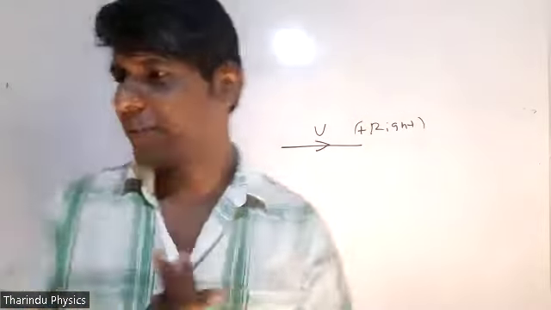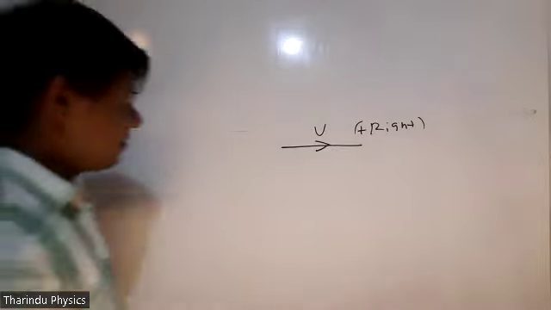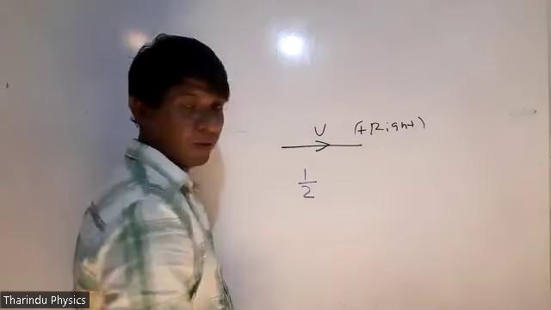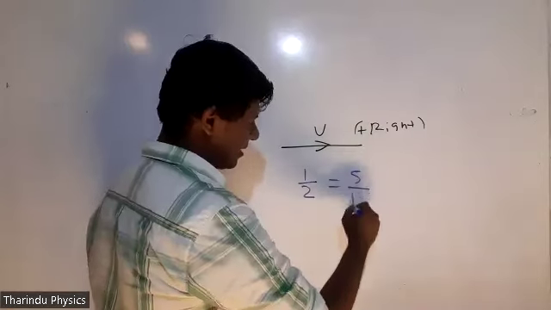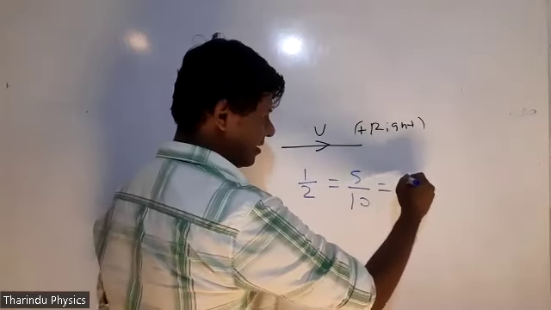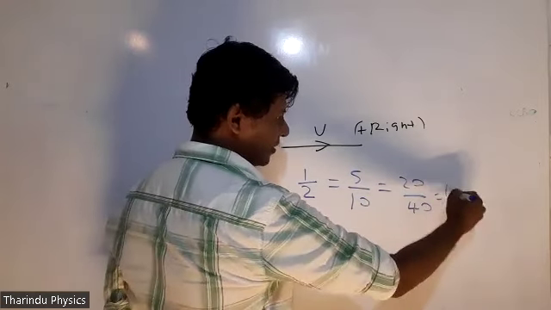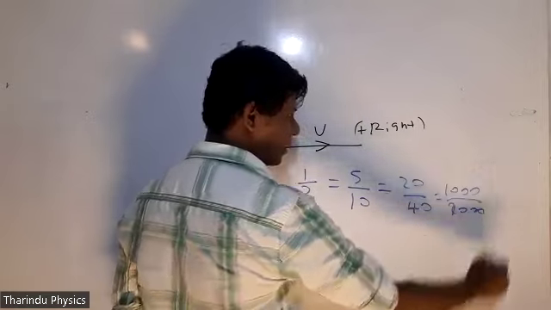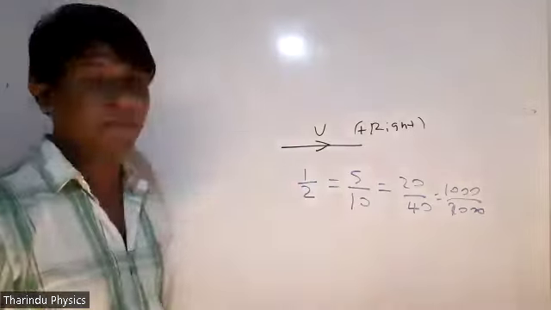Now, can you remember this thing? You used to write equivalent fractions of 1 over 2. It is the same as what? 5 over 10 and 20 over 40. 1000 over 2000. All these are equivalent fractions because the value finally will be equal to 1 over 2.